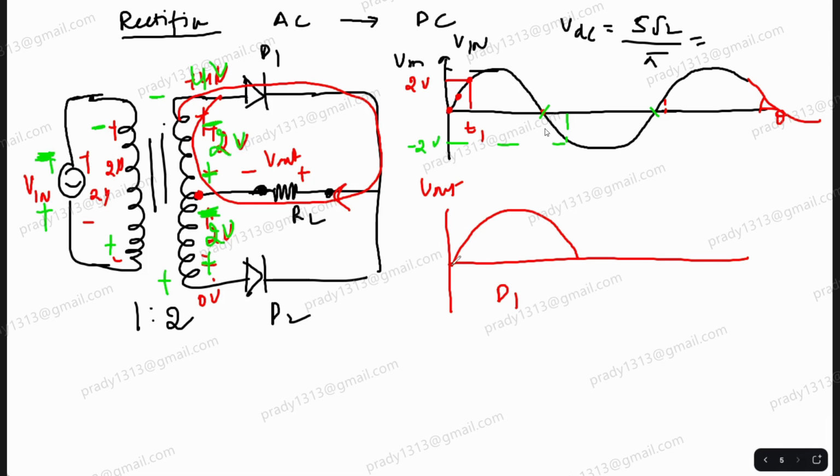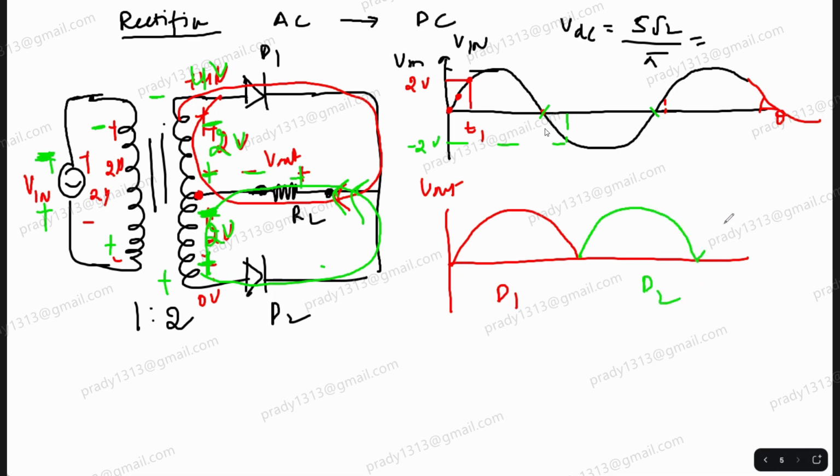Now, which diode is forward biased? D2. So current will flow like this. Is the current through the load changing its direction? No, sir. So will the polarity change? No, sir.